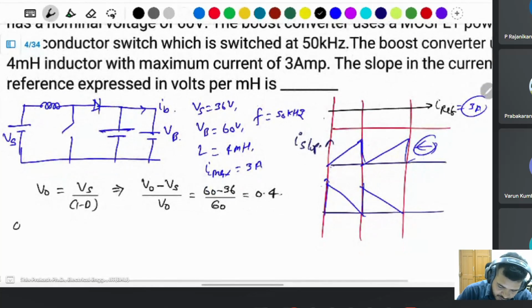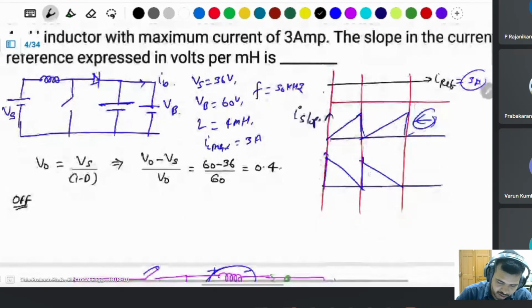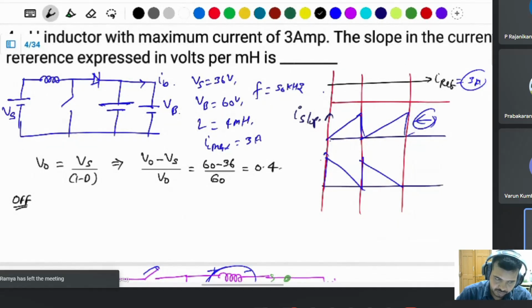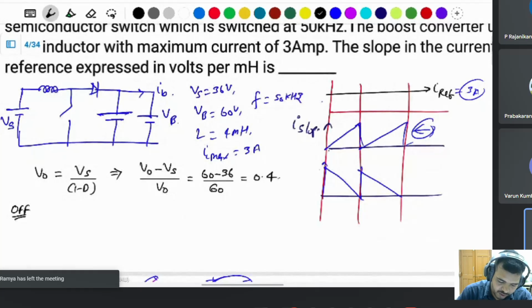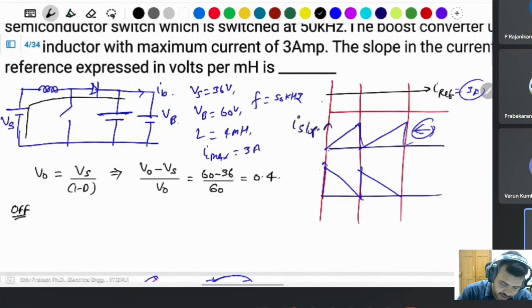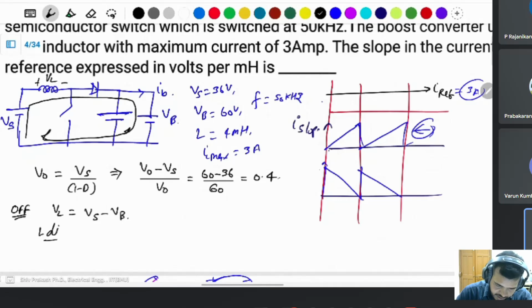In the off time, we only calculate the slope at the off time. In the off time, the switch is off, and the current flows like that. Then what is the VL? VL is equal to Vs minus Vb. You know VL is L dIL by dt.